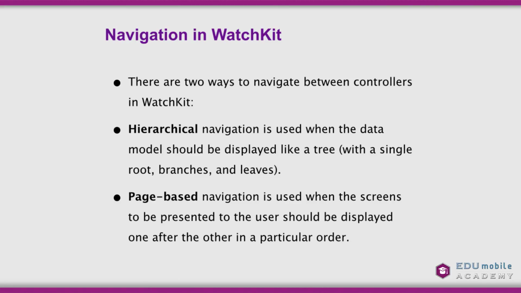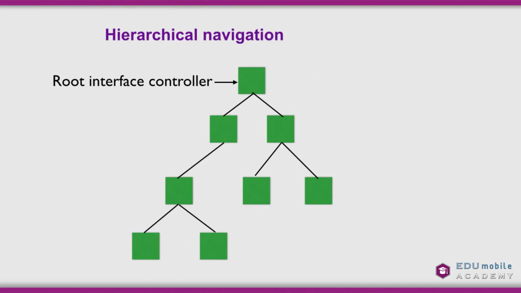Page-based navigation we will use when the screens to be presented to the user should be displayed one after the other in an order, but there's no hierarchy to the view. And of course we can combine these into larger structures, just as we can combine tab view controllers and navigation controllers.